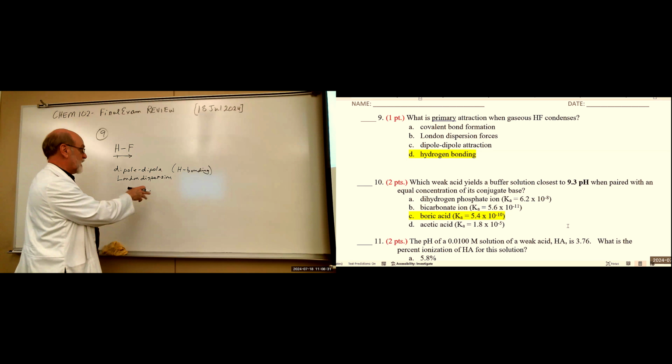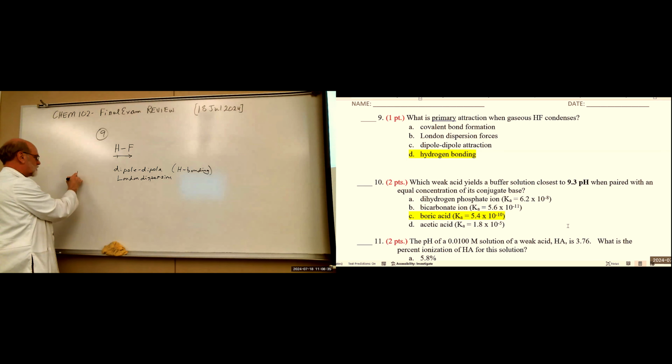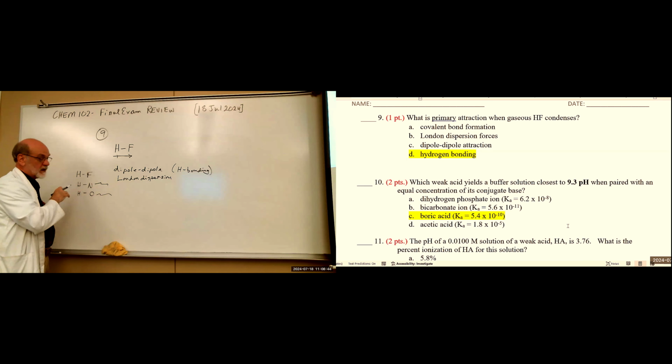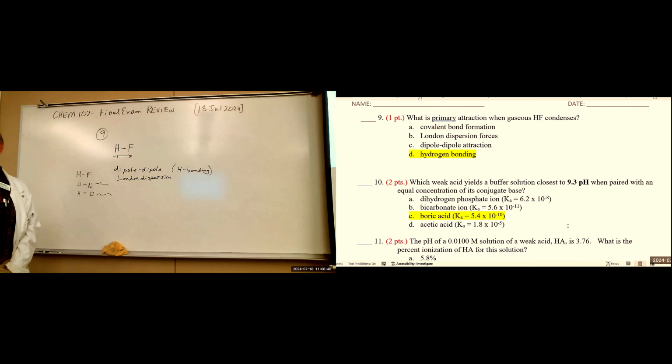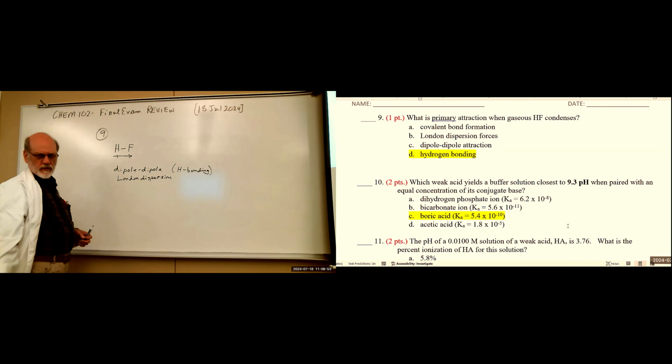But if hydrogen bonding's there, definitely. If hydrogen is connected with fluorine, nitrogen, or oxygen, then you've got the potential for hydrogen bonding. All right. So the answer is D.